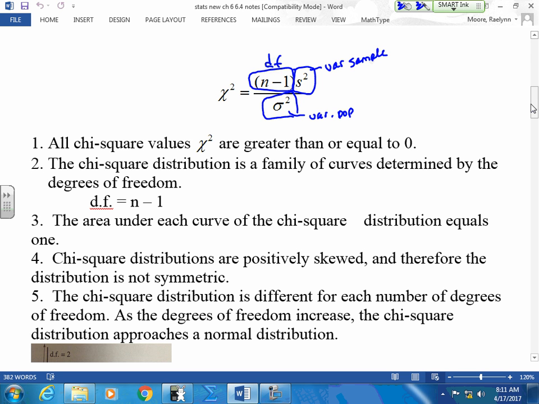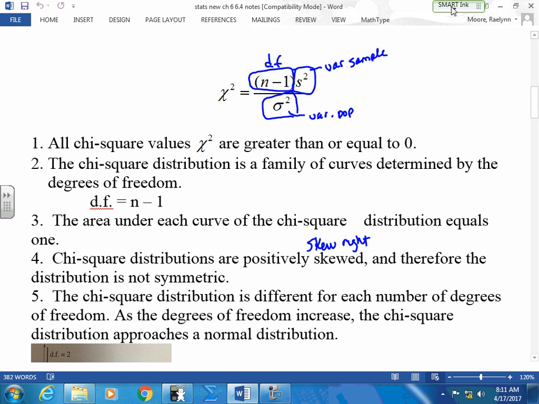They're positively skewed, meaning they're skewed to the right towards the positive numbers. And therefore, their distribution is not symmetric at all. The chi-square is different for each number of degrees of freedom. And as the degrees of freedom increase, the chi-square approaches a normal curve. Approaches, but never really gets there.